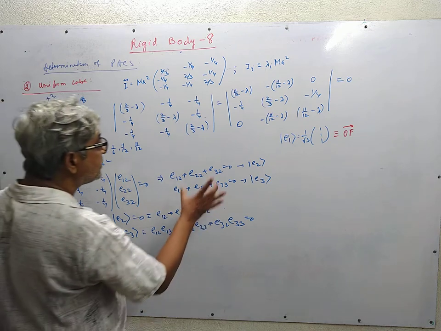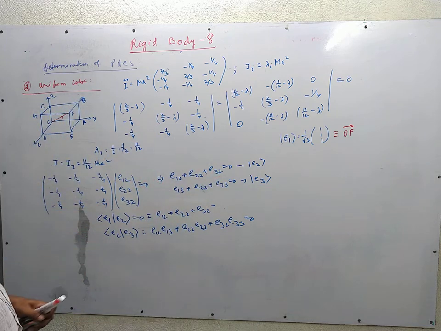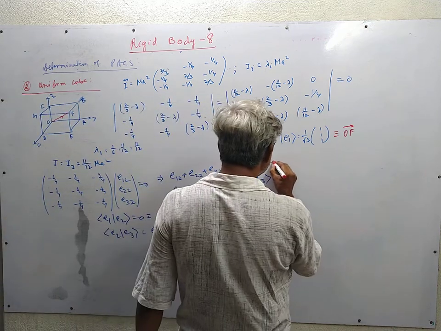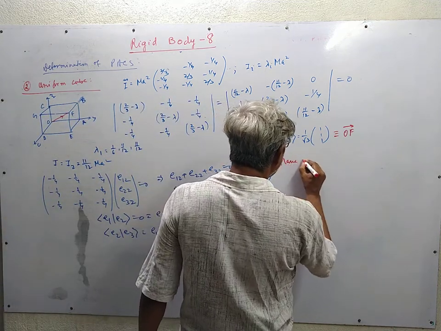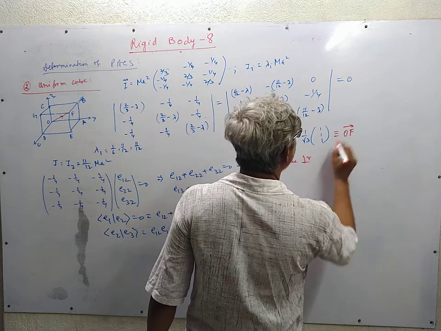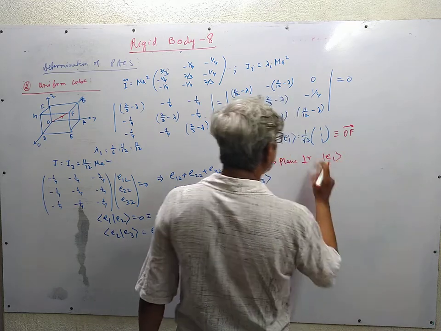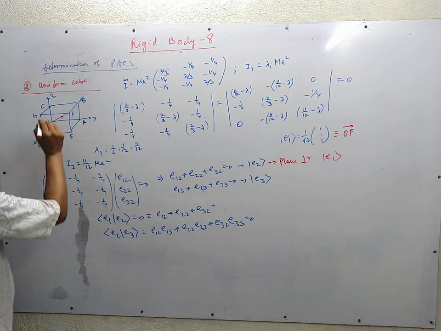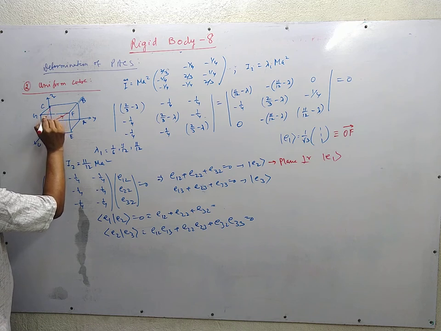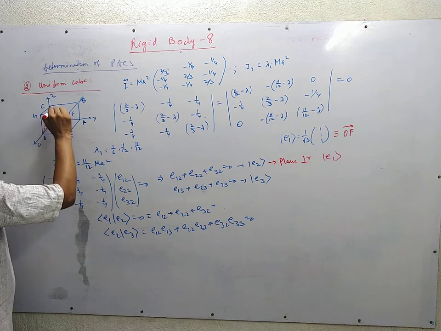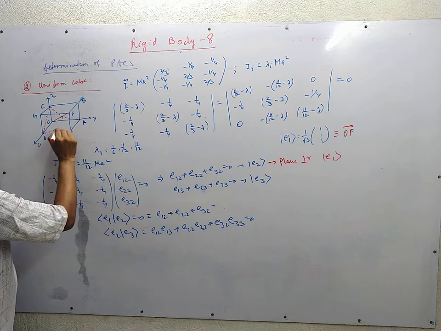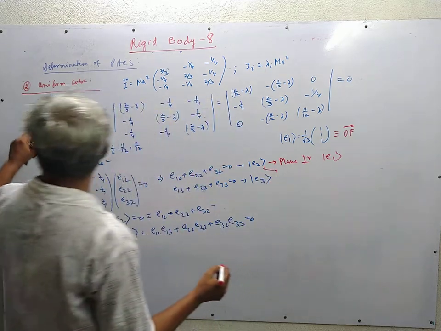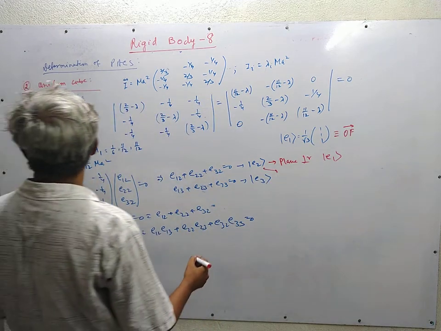Before going to this, we first see what this condition implies. It implies a plane perpendicular to E1, because it is a plane which is perpendicular to the body diagonal OF. So the E2, E3 vectors must lie in this plane. This is the equation of the plane DAC.